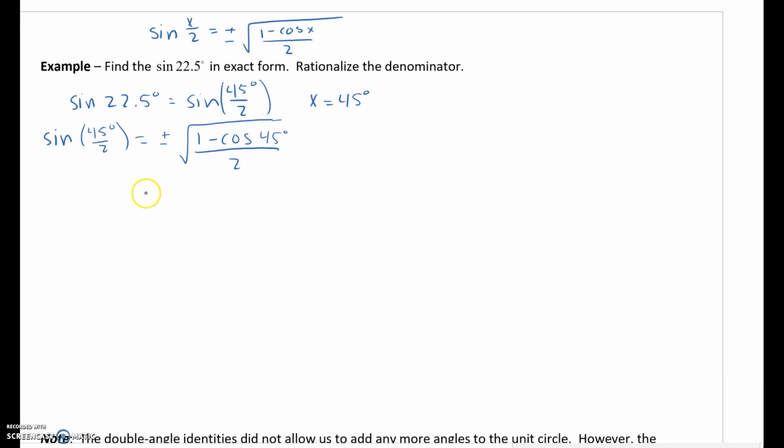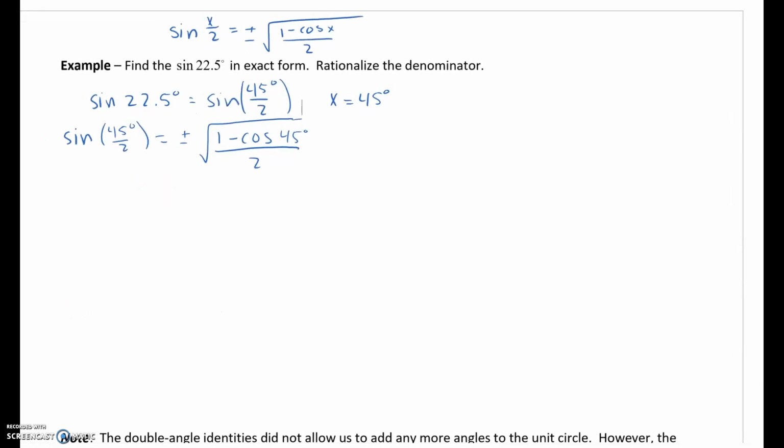So that gives you plus or minus the square root of 1 minus the cosine of 45, which is root 2 over 2, all over 2. So everything's under the square root. Let's write that better so you can see that everything is under the square root. The square root of all of that.